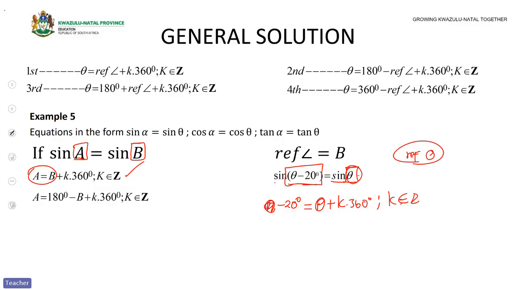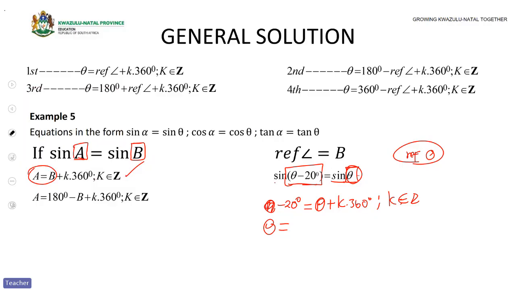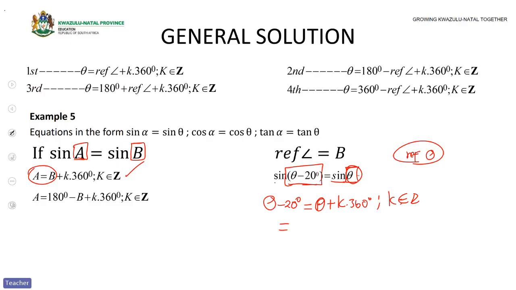So it's one of the easiest types of equations that you will ever find in trigonometry. You just need to transpose. You are going to move theta to the other side, because we have theta minus 20 degrees.